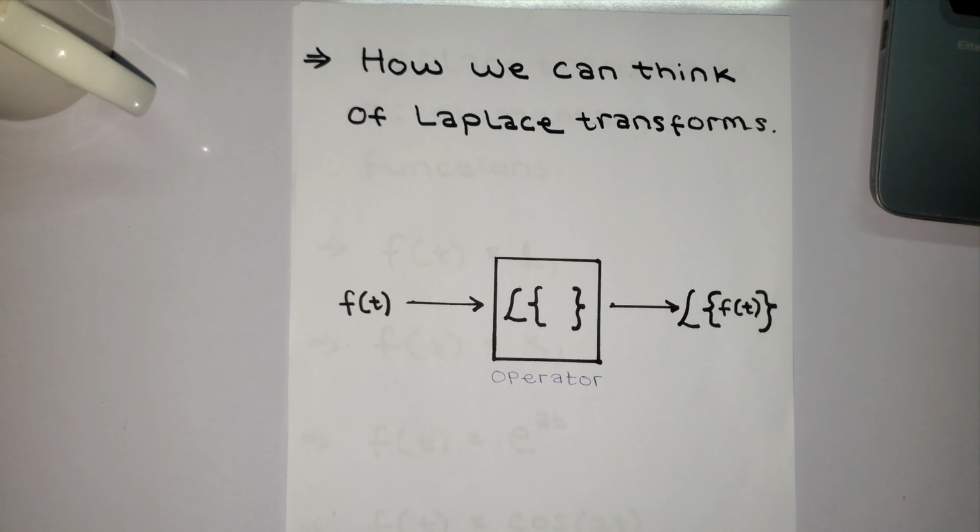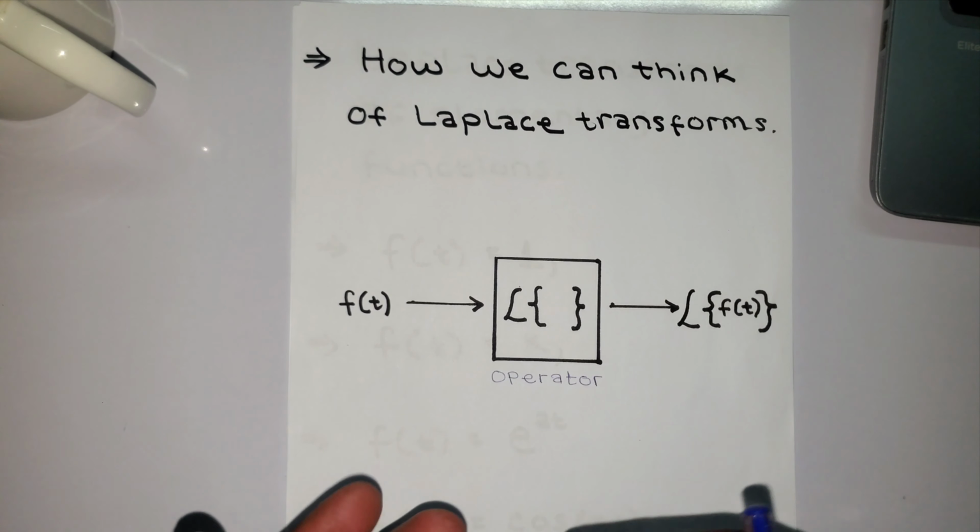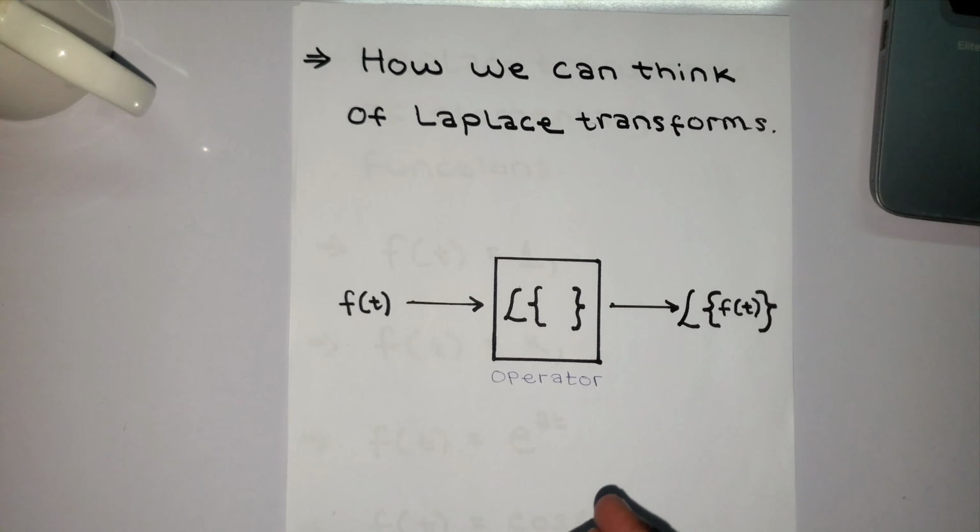However, before we can start looking at that, I would like to remind ourselves about a way in which we can think of Laplace transforms, because everything that we'll do from this point will be basically based on the way in which we can think about Laplace transforms.